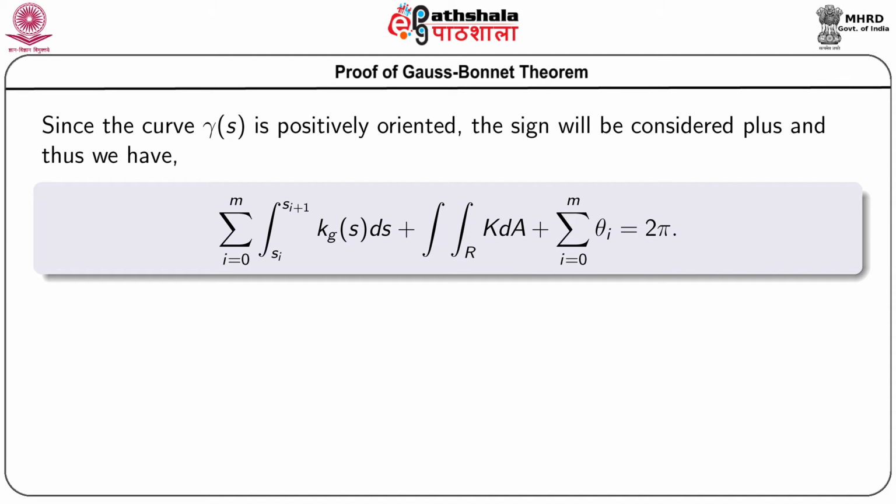Thus, the summation i equal to 0 to m, integration s_i to s_(i+1) kappa_g(s) ds plus double integration over the region R of k dA plus summation i equal to 0 to m theta_i equals 2 pi, and hence the theorem follows. So, as gamma s is positively oriented, we are not taking the minus sign, we are taking the plus sign only. So, this is the proof of the Gauss-Bonnet theorem.